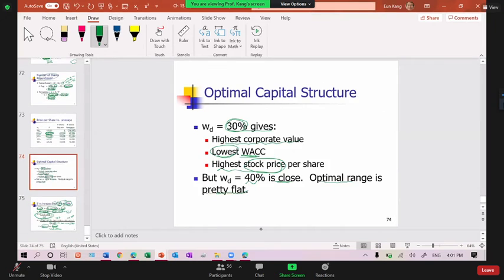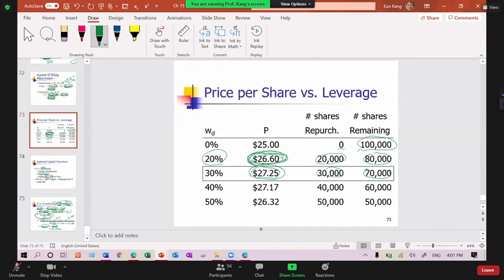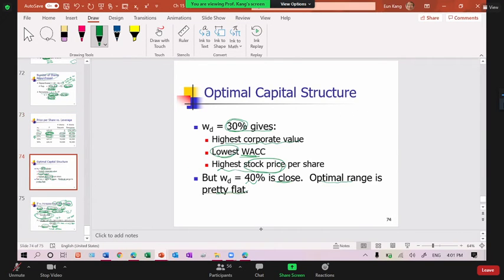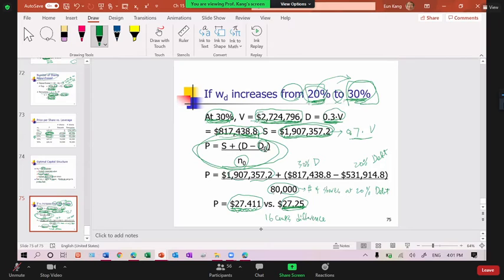So the highest price is what? Highest price is optimal capital. So this is optimal capital structure. And then finally, if you increase from 20% to 30%, what should be the stock price? Then you use this formula. So that's it.